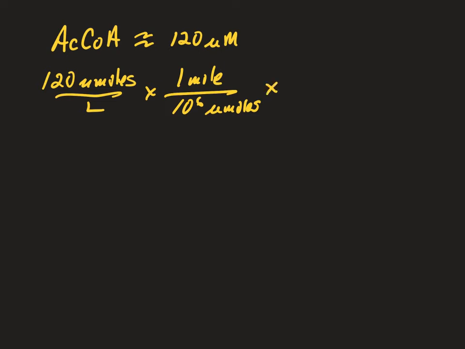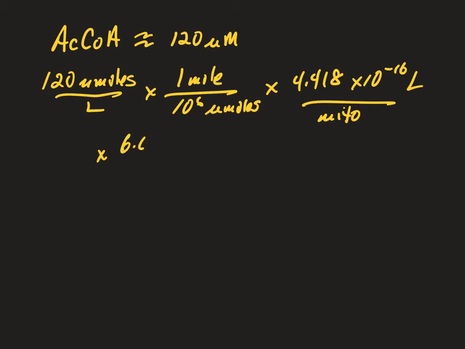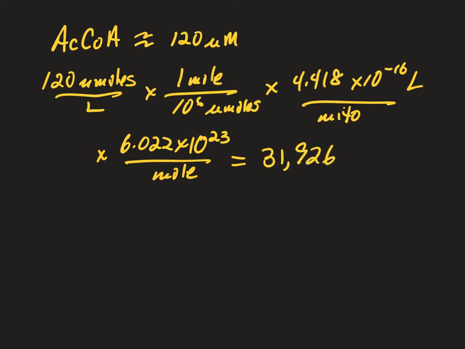And if we multiply that times our 4.418 times 10 to the minus 16th liters per mitochondrion, that would give us moles, and then multiply by 6.022 times 10 to the 23rd per mole, we end up with about 31,926 molecules of acetyl-CoA per mitochondrion.